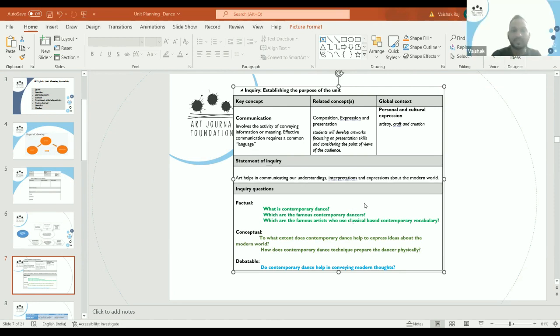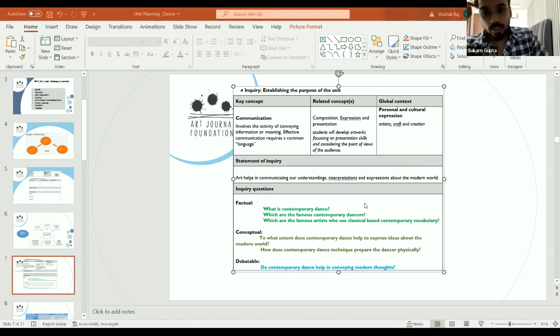Okay. So, just see, what is your key concept? Which is the key concept you have used? Change. Is the word change reflecting anywhere in your statement? No. Okay. What is the related concept you have selected? Expression and innovation. Those words, no. Global context, which one?